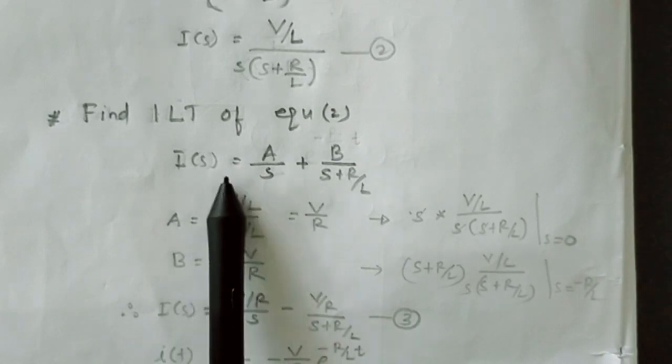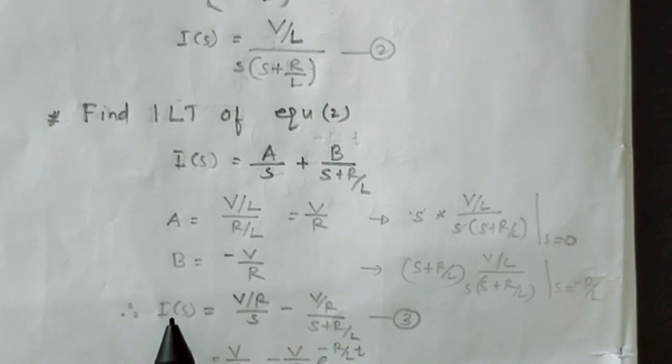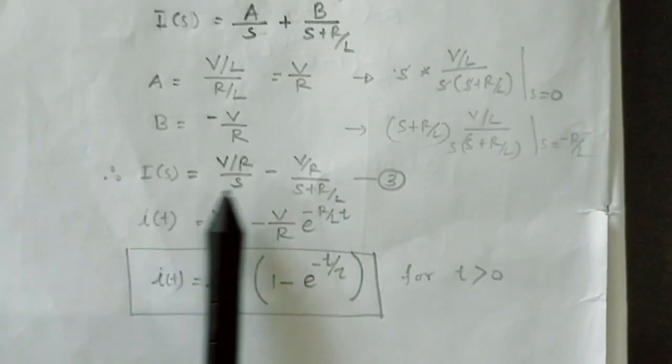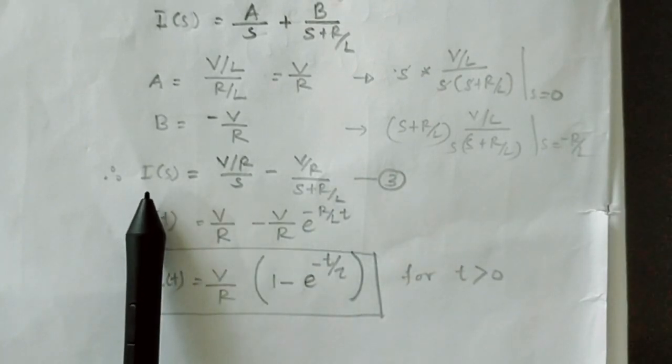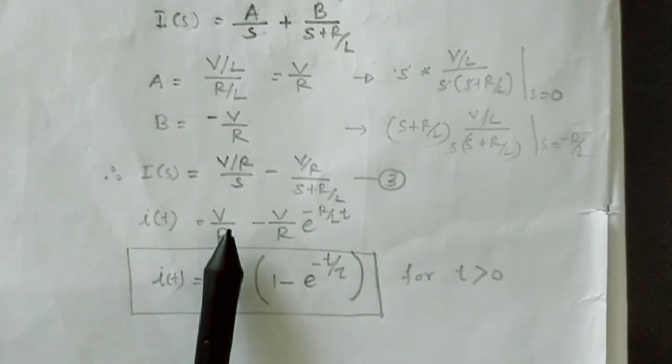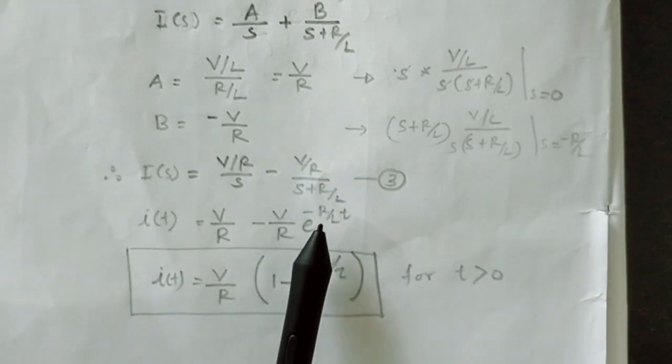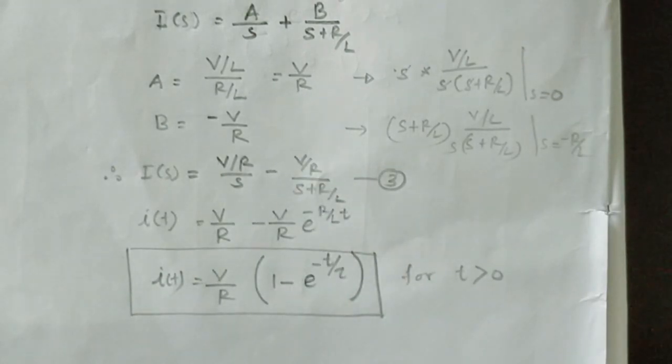Now we can write this equation as I of S is equal to V by R upon S minus V by R upon S plus R by L. When we find the inverse Laplace transform of this equation, we obtain i of t is equal to V by R minus V by R e raised to minus R by L into t.